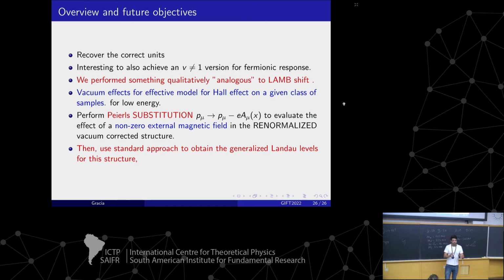Then we can use these and find also interesting content for our specific case, and we can take Landau levels, doing parallel substitution, and then we can talk about a lot of theoretical and also some phenomenological things.